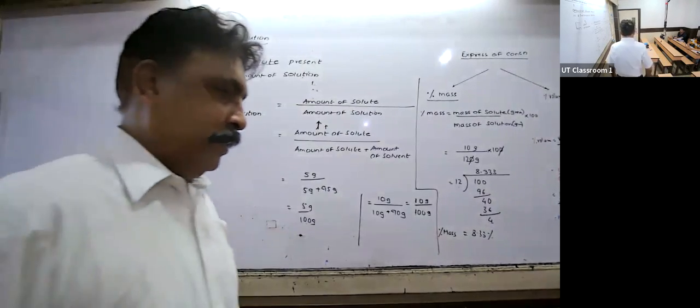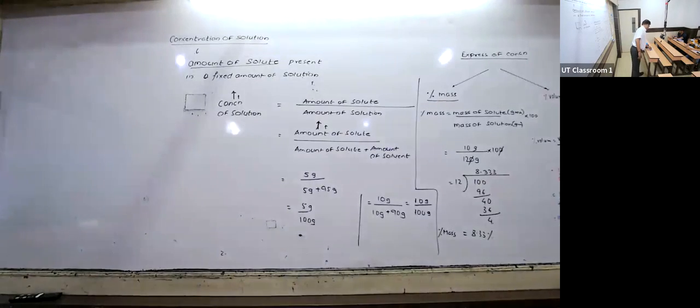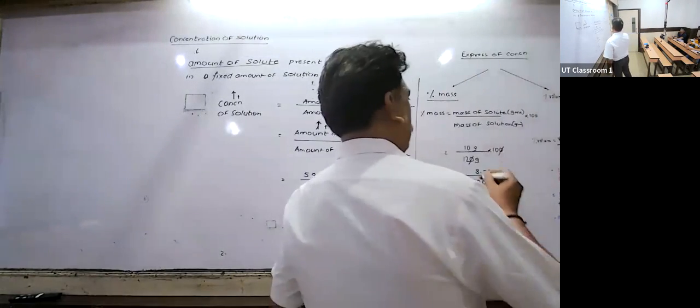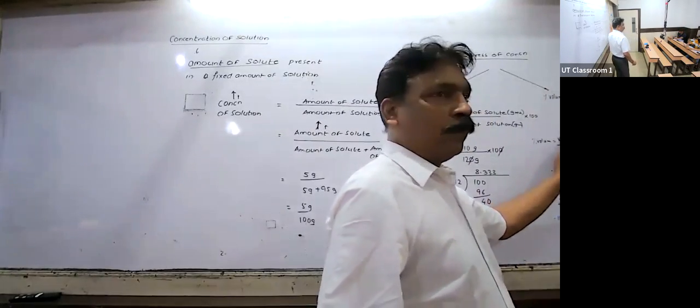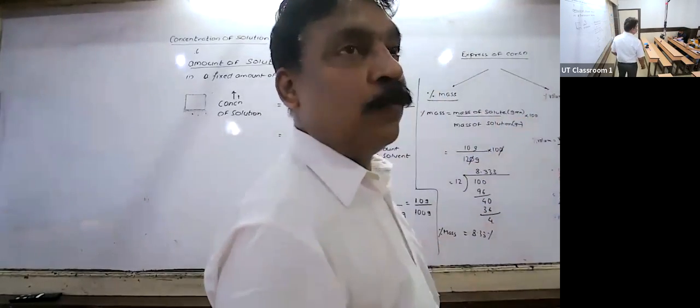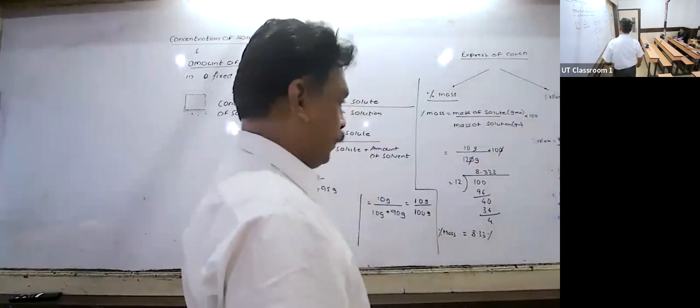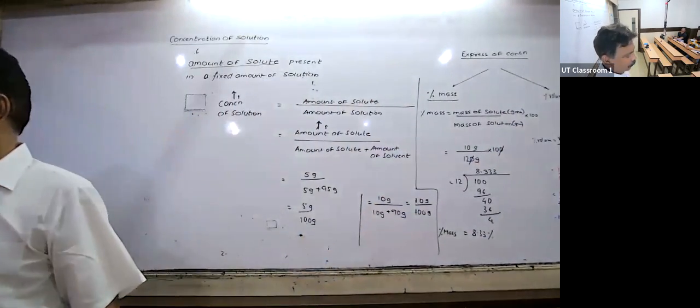Now children, we can have mass to mass relation, and volume to volume. But there is one more, mass to volume, in between. First complete that, then I will tell you.